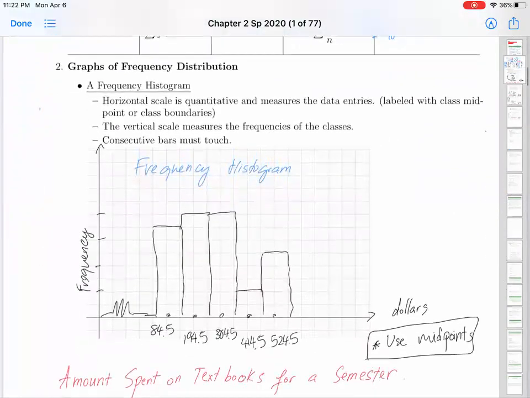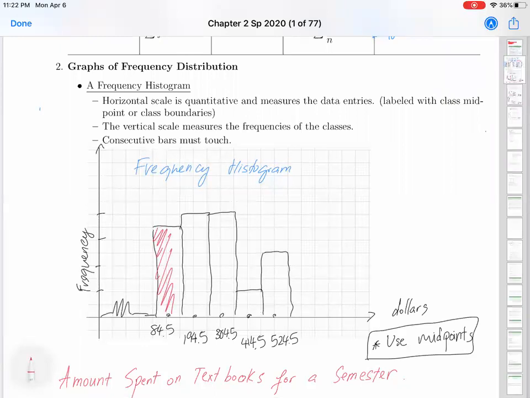Now we can talk about the first graph of frequency distribution. It is called a frequency histogram. So a frequency histogram is a plot that contains bars or rectangles that are next to each other.